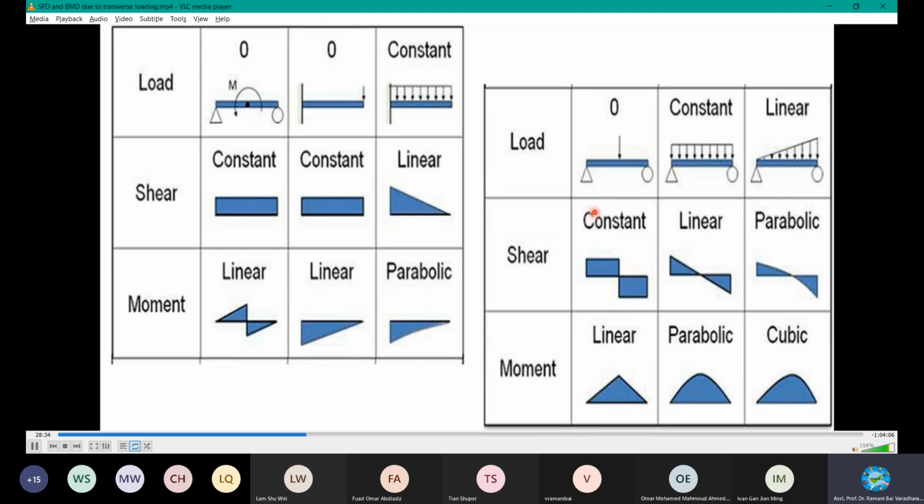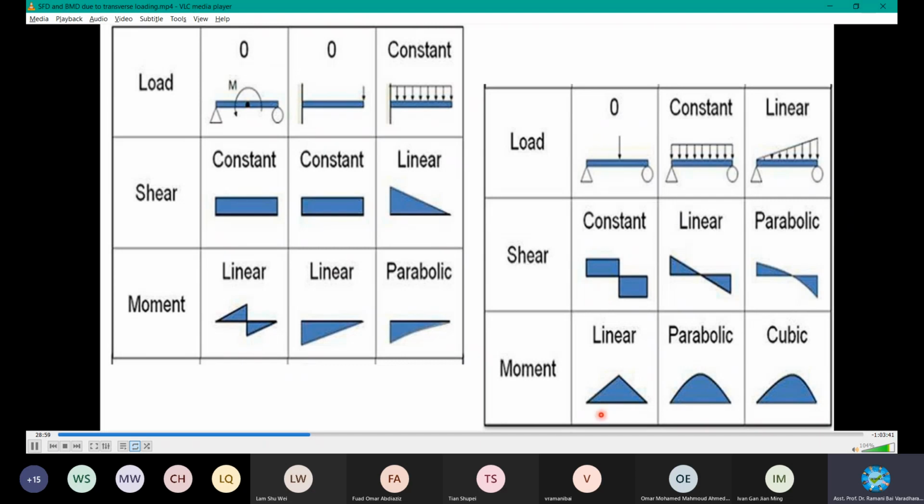Due to this loading, there will be a reaction only to balance this load. That's why you have some reaction going to the top, positive, and it keeps on increasing. At this point another load is added, so it will reach here and maintain the same until it reaches this one, because there is another reactive force at this end, so it will drop down to zero.